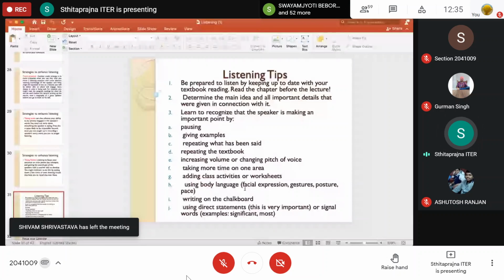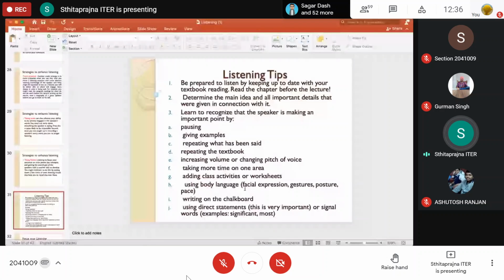Adding class activities or worksheets. So all of these are pointers that the speaker is trying to make an important point. If I'm giving assignments on certain areas, then I consider that important, because I don't give you follow-up exercises for every chapter. I gave you for ethics, I gave you for claims, I gave you for argumentation and critical thinking.